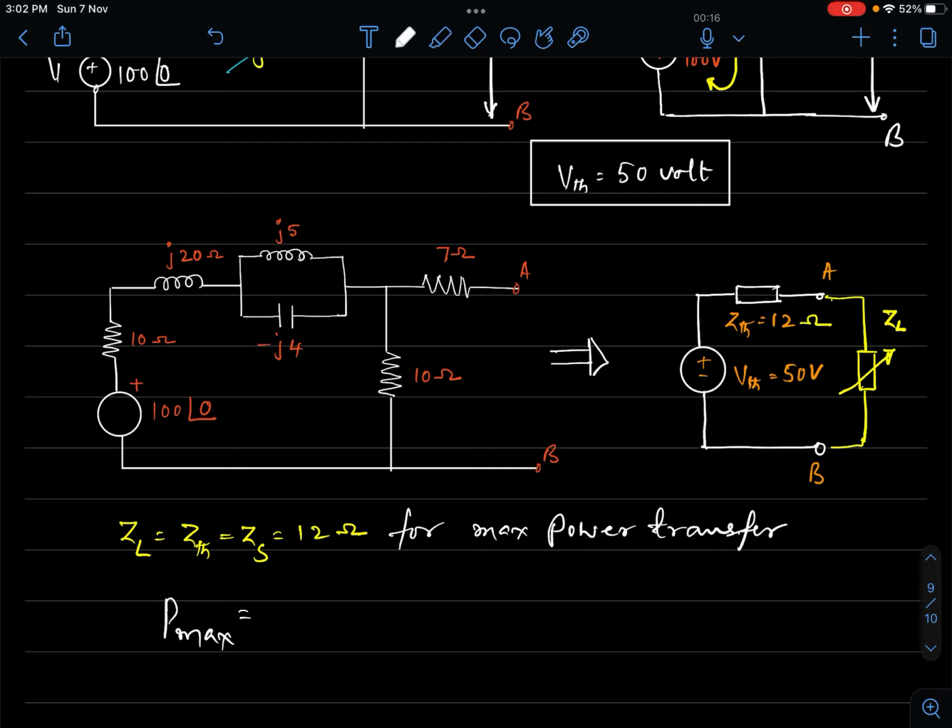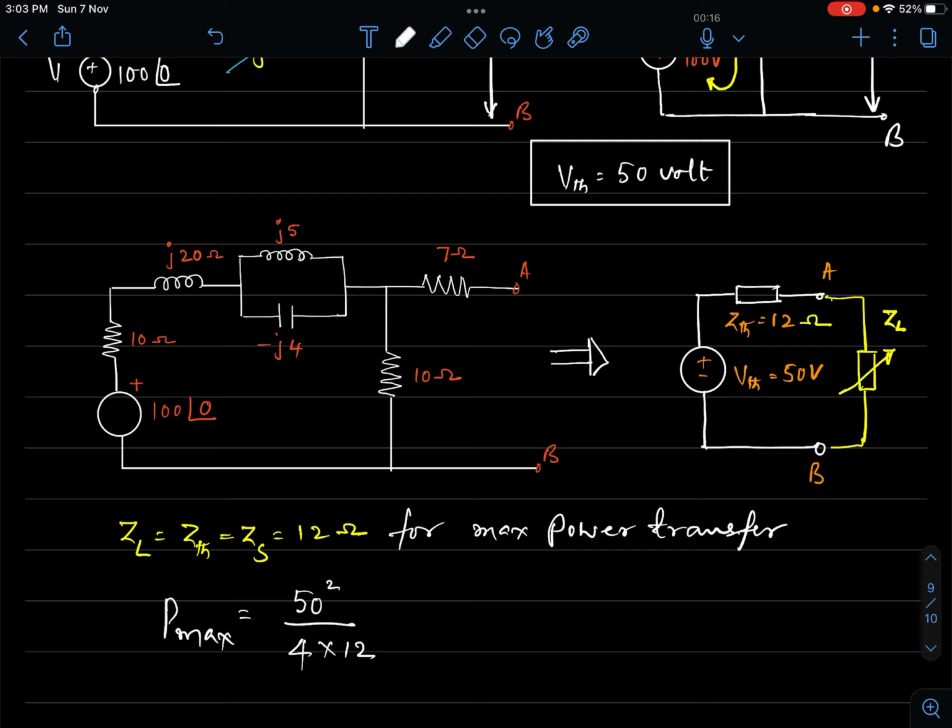And what is that maximum power? Pmax, if you want to compute how much power gets dissipated in the load, I may have to do Pmax equal to V square divided by 4RL. Only the resistive part of the load has to be taken, because that is the one which consumes the power. My load impedance is 12. So I need to compute this: 50 square divided by 4 into 12.